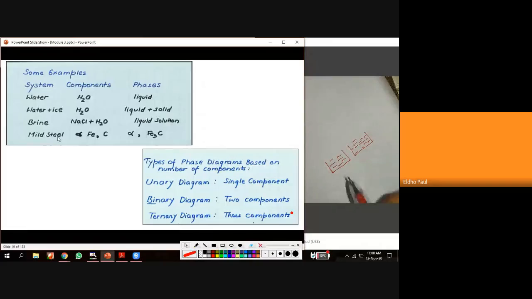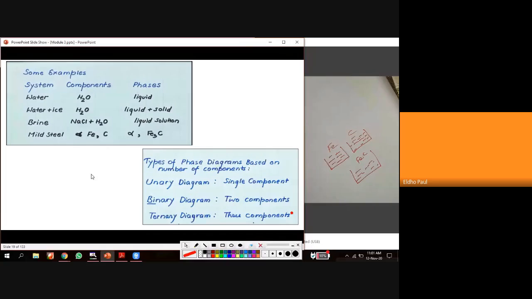By mixing these two, Fe and C, we get a mixture of Fe and C. After the solidification process, by cooling, we convert this molten Fe-C material into a solid material. That solid material will be mild steel.